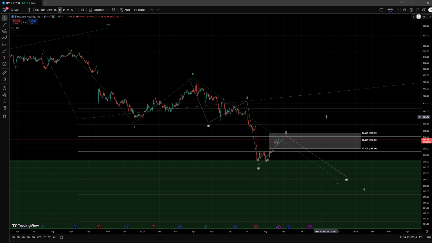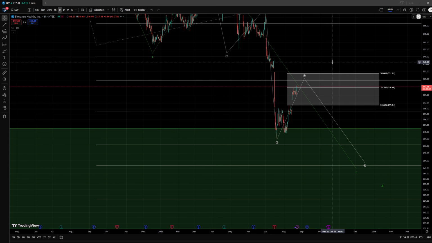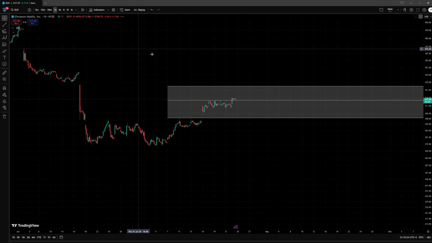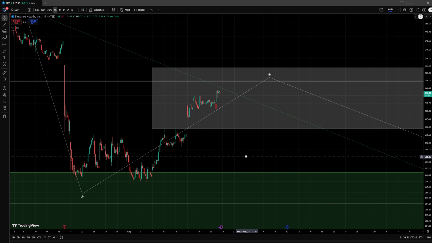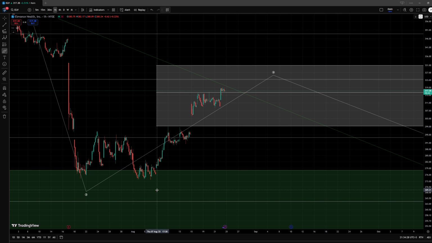Now, here in the shorter time frame, so far I can only see 3 waves to the upside. I see a wave 1, 2, and then another 1, 2, and then this is a third, but then there's no fourth and fifth for either of them.